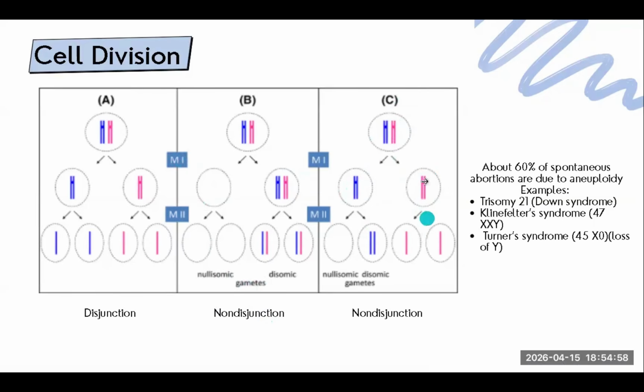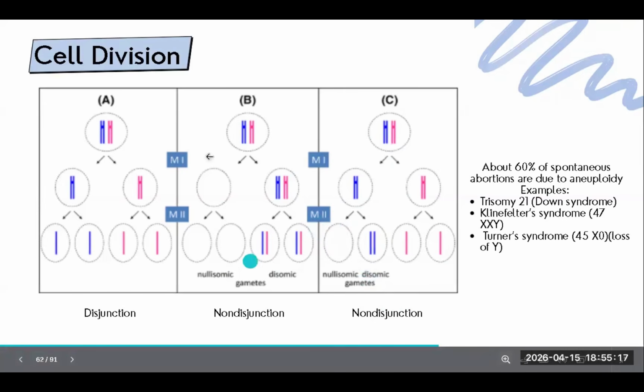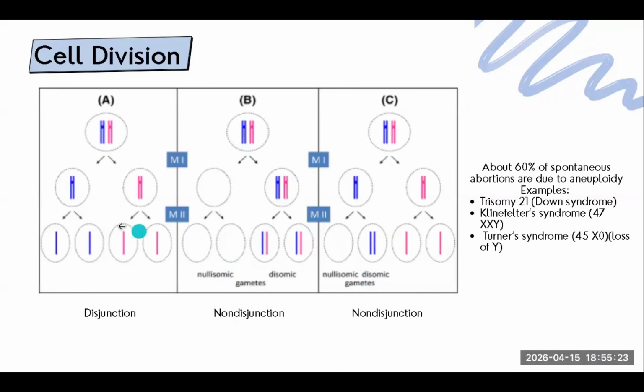In meiosis 2, the chromatids have split perfectly. This is disjunction. However, in this cell, one cell took all the chromatids, the other cell did not take any, and this is known as non-disjunction. Okay? In meiosis 2. Example C is non-disjunction in meiosis 2. Example B is non-disjunction in meiosis 1. And example A is disjunction.